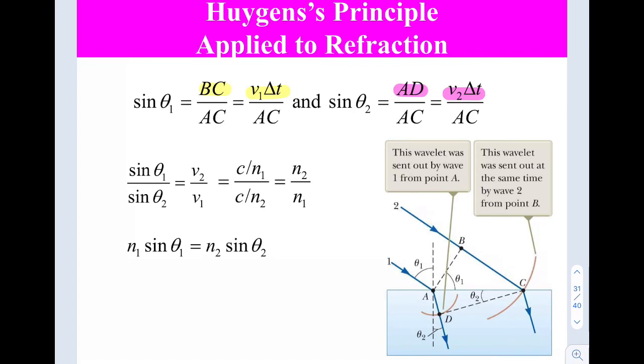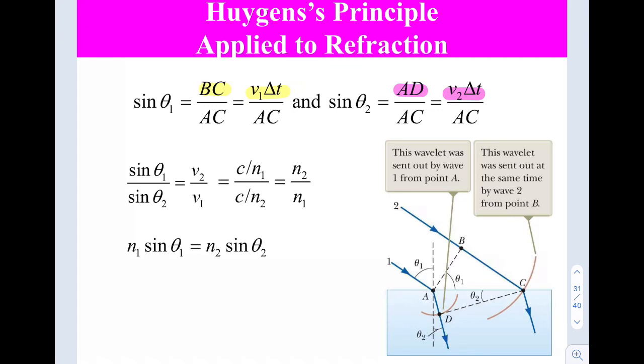From triangles ABC and ADC, we find that sine theta 1 is equivalent to BC over AC, which is V1 delta T over AC, and sine theta 2 is equivalent to AD over AC, which is V2 delta T over AC.